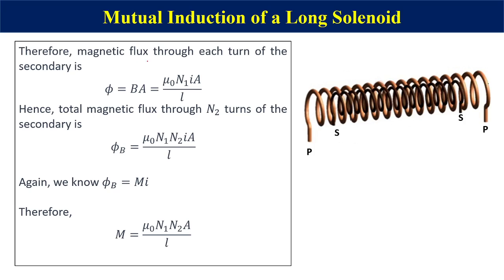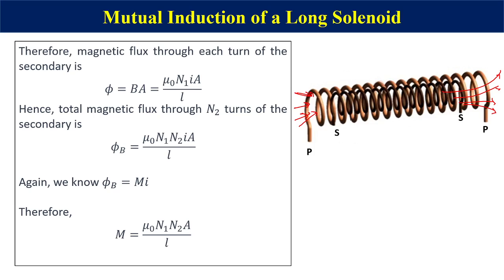Next, the magnetic flux through each turn of the secondary. Now, why will there be a magnetic flux through the secondary coil? Because you are passing a current through the primary coil, which gives you magnetic field lines. Suppose it is coming out like this. This is the northern side, and this is the southern side through which the magnetic field lines are entering.